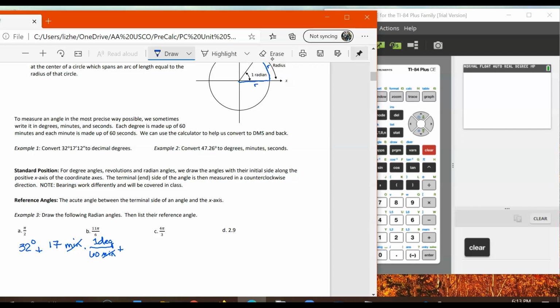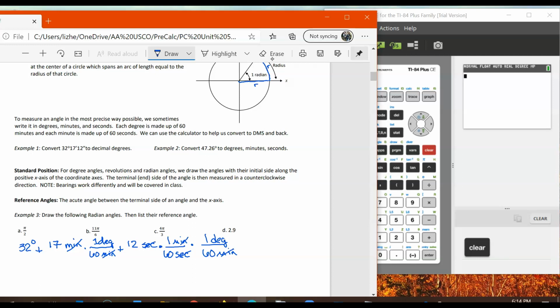Then I also have 12 seconds. And then my little conversion there will be, well, I know there are 60 seconds in 1 minute. And then I know there are 60 minutes in 1 degree. And so the minutes cancel, the seconds cancel, and I'm left with all degrees.